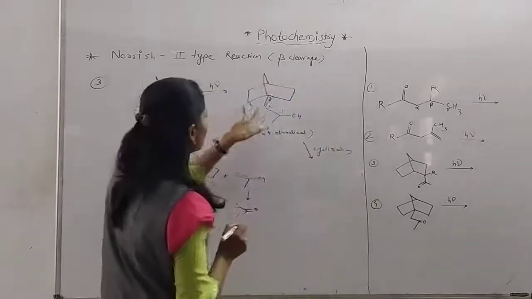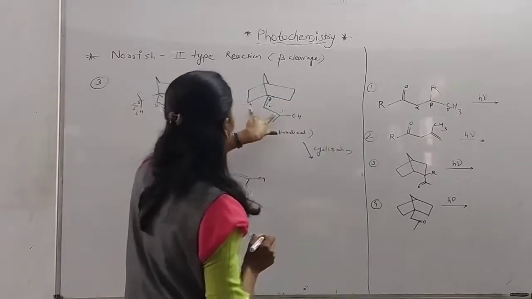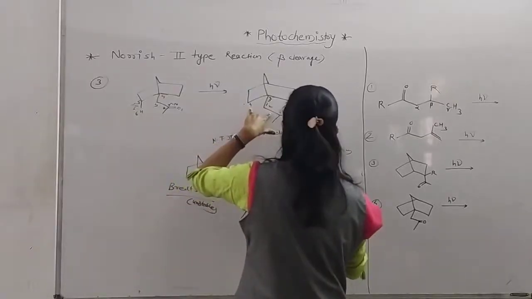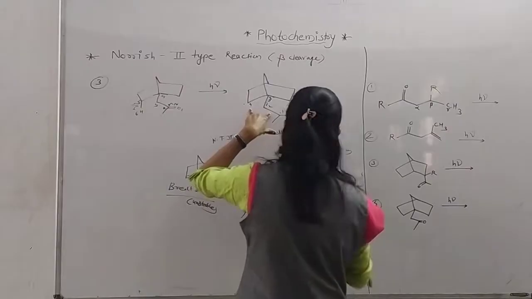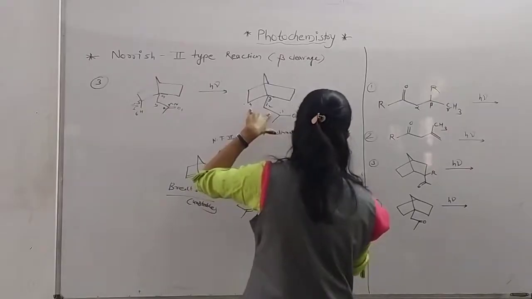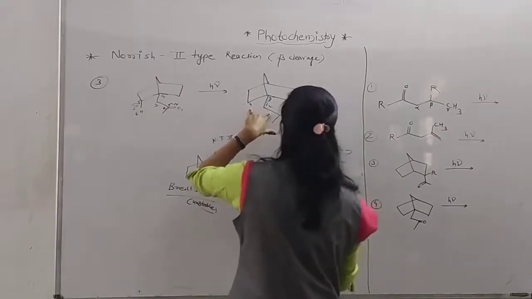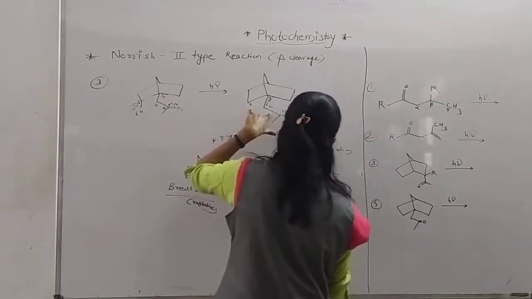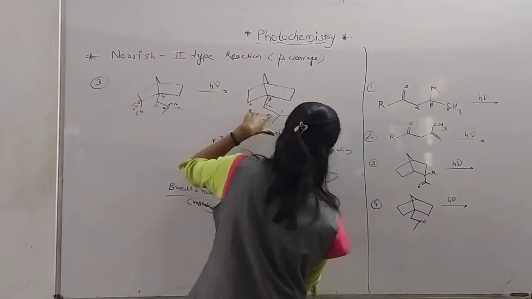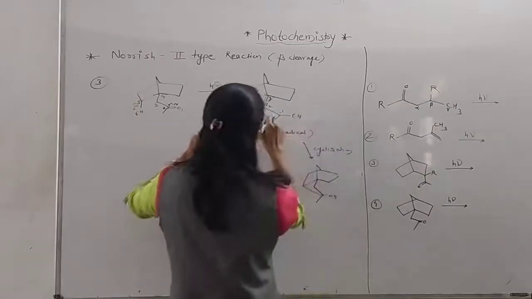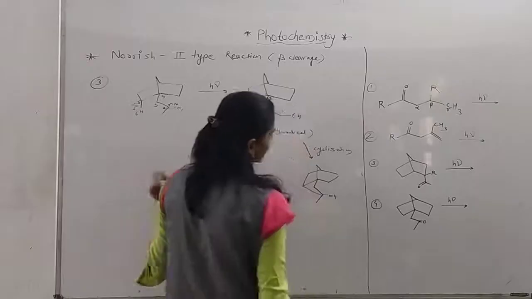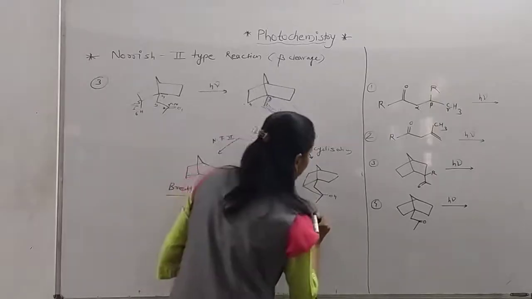And after cyclization, we get this type of product. That means we join this radical and this 1 and 4 position radical, we get this ring here, and this is the stable one.